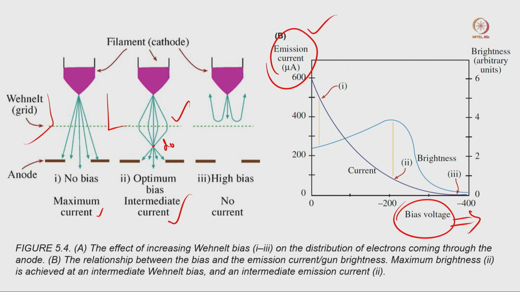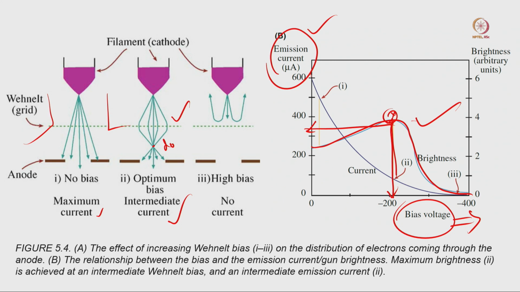Probably not. So this is the relationship with the brightness. At the beginning the emission current starts from here, and at that bias voltage you will get the maximum brightness, somewhere here, where you have some kind of bias voltage and some kind of emission current. This is the curve showing you the brightness.